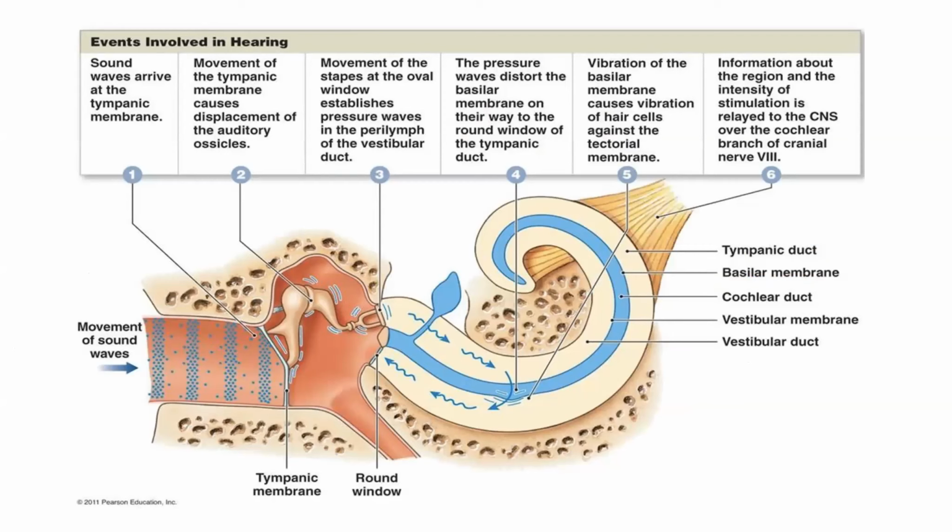There are a couple of videos that can walk you through some of this special sensory material of the eye and ear. The next videos we'll do are for the other special senses, for taste and olfaction.